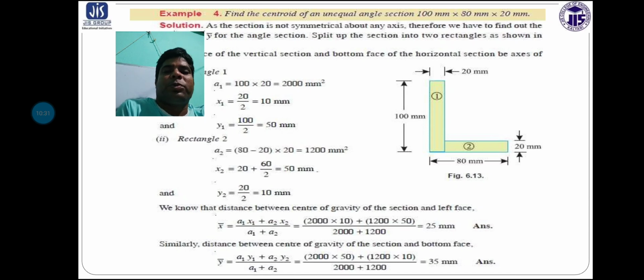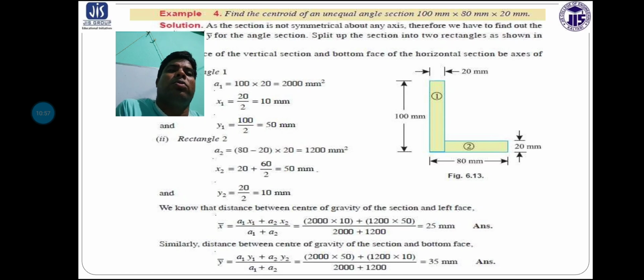So we know that the distance between the center of gravity of the section and the left face, so x bar, is equal to (A1 x1 plus A2 x2) by (A1 plus A2), and then if I put in all the values A1 x1, A2 x2, we can get 25 millimeter.